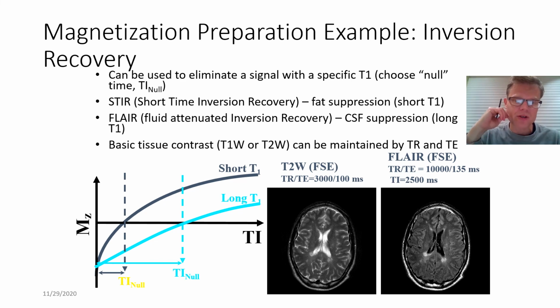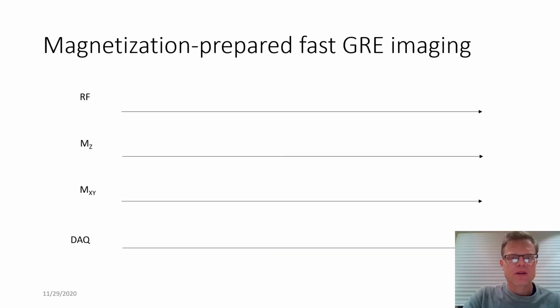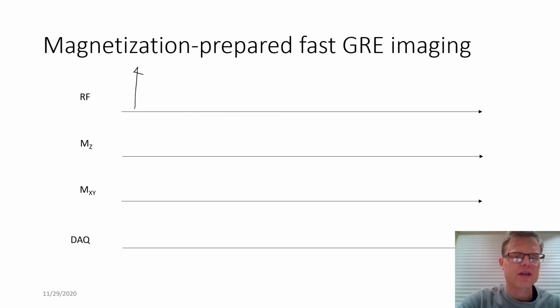In the case of inversion recovery, we're often doing this for annulling CSF or fat suppression, although there are other examples. And the way that these are used practically is a little bit different than what I told you before, especially for the case of gradient echo imaging. So let me illustrate this for the inversion recovery case.